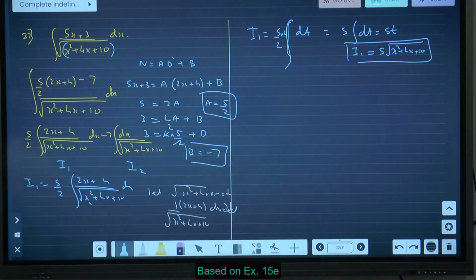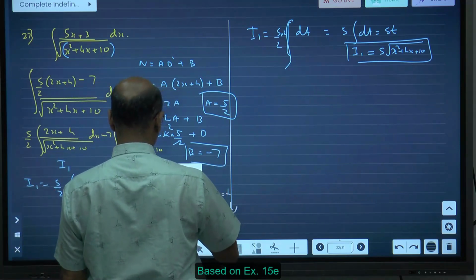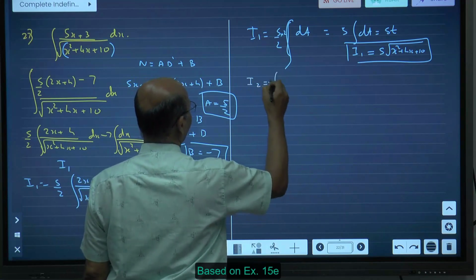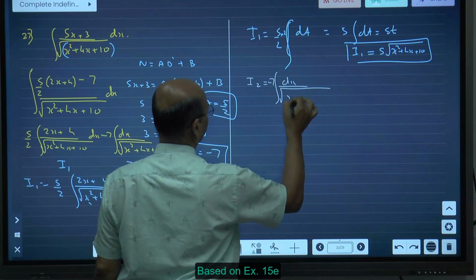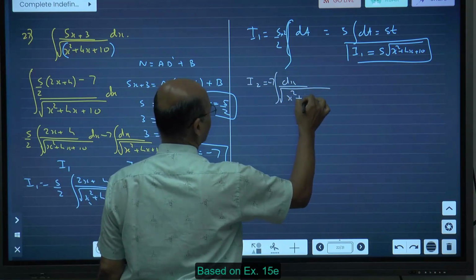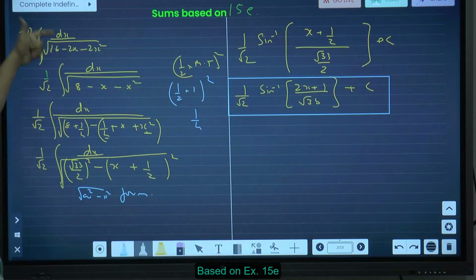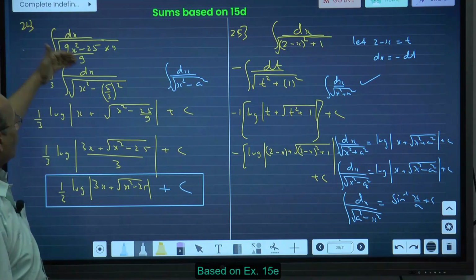Now I2 is very simple, everybody can do it because I2 is dx upon quadratic now. So let me just do this I2 quickly here. I2 is integral minus 7 dx upon root of quadratic x square plus 4x plus 10. Now dx upon quadratic, just now you saw dx upon root quadratic.